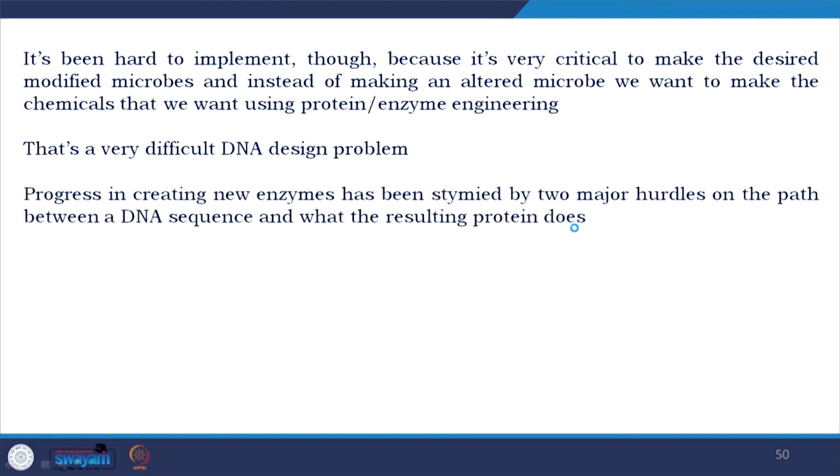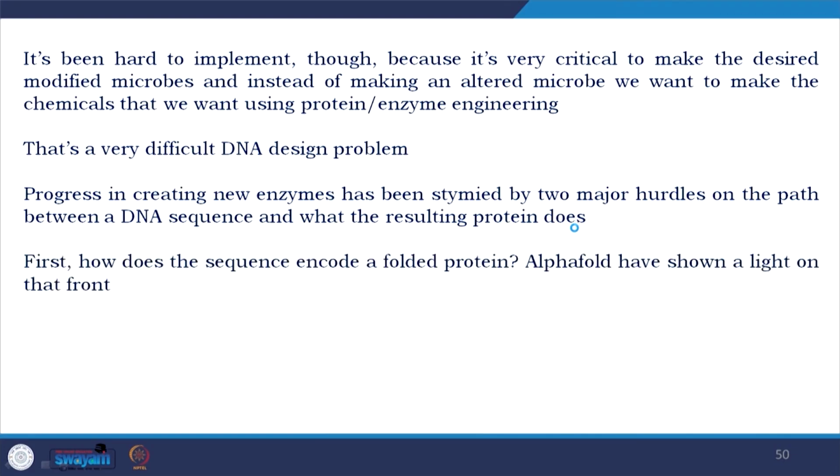Progress in creating new enzymes has been stymied by two major hurdles on the path between a DNA sequence and what the resulting protein does. The first one, how does the sequence encode a folded protein?